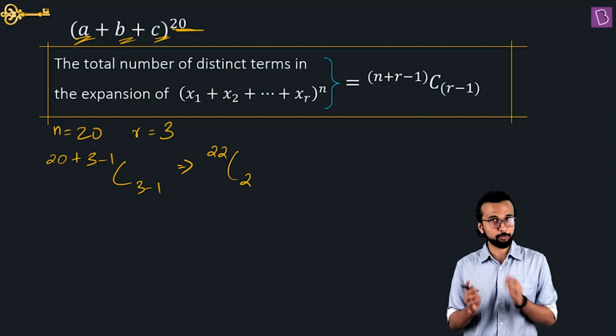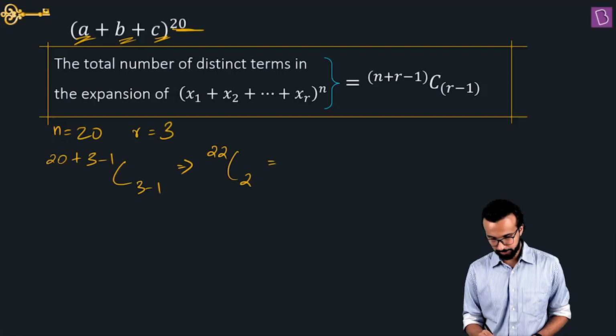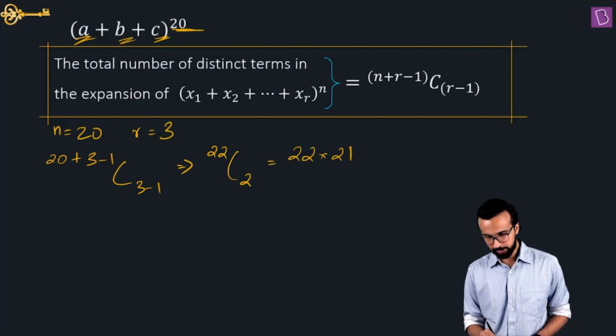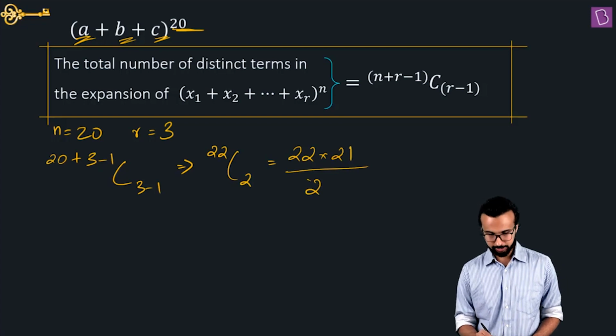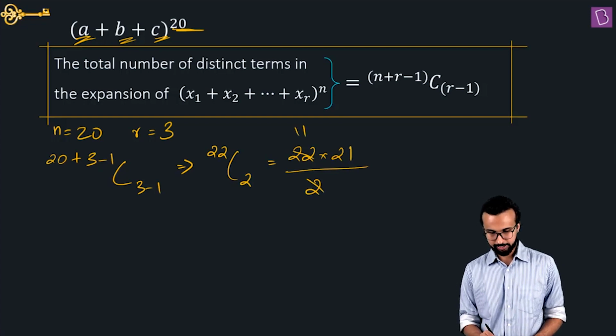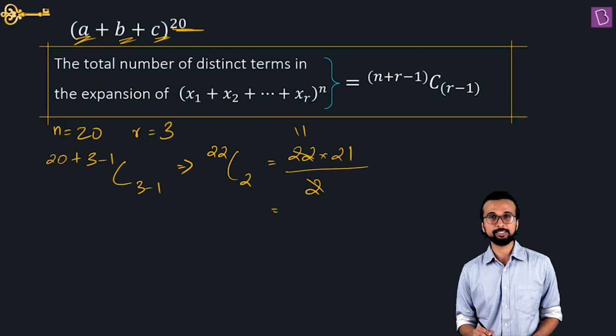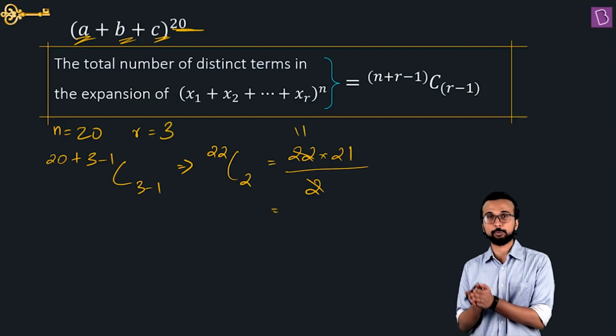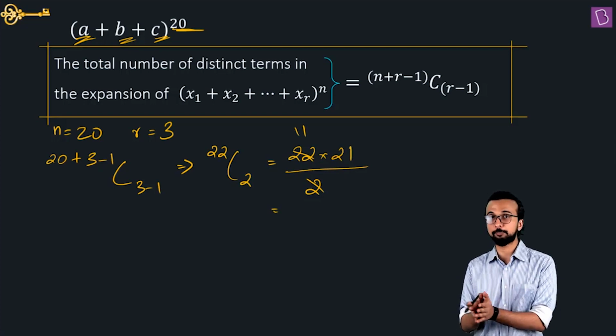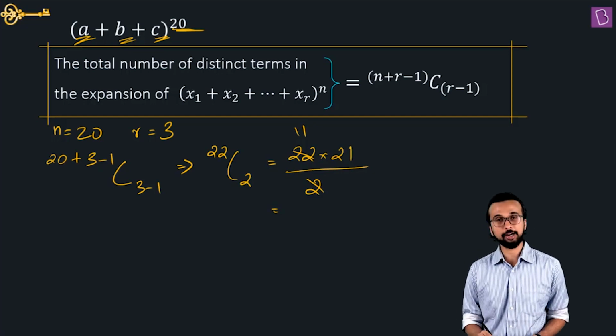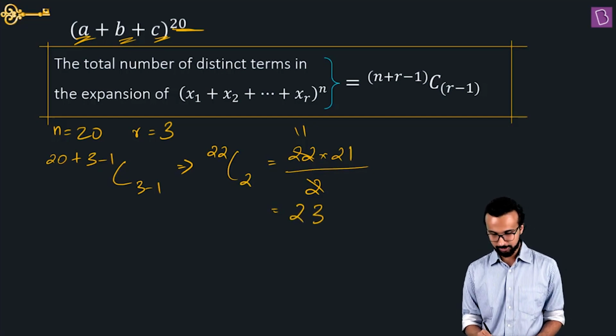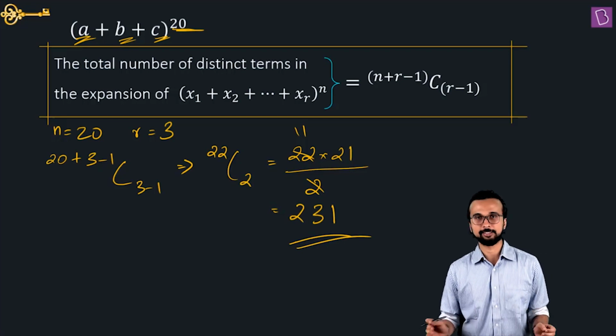But what's the value of 22C2? This will be 22 into 21 divided by 2. So you get 11 into 21, which is 210 plus 21, that is 21 into (10 + 1). So 210 plus 21 is nothing but 231.